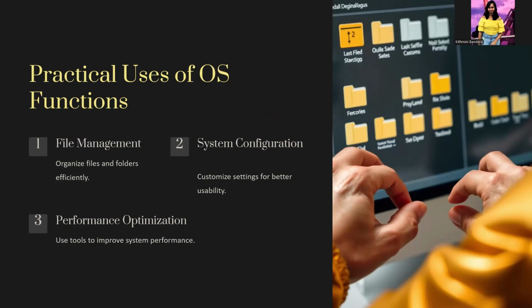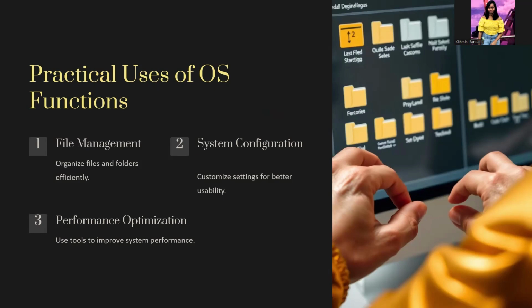System configuration lets us customize the computer settings for better usability. And the other one is performance optimization. It uses tools like disk cleanup and defragmentation to keep the computer running fast and efficiently. These practices will help you get the most out of the computer.